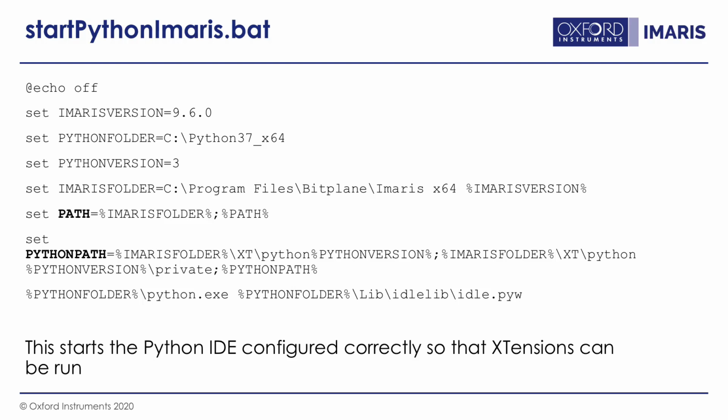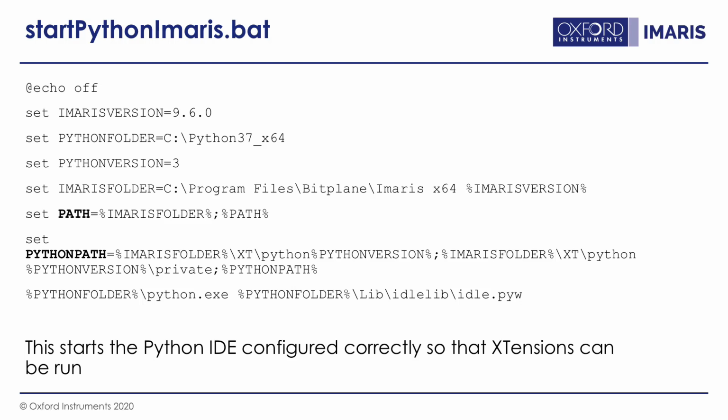It needs to set the path because part of the Imaris Python binding, Imaris lib, is using a DLL that is located in the Imaris installation directory. That's why we need to add the Imaris folder to the path variable. With this, it can then load the required DLL.